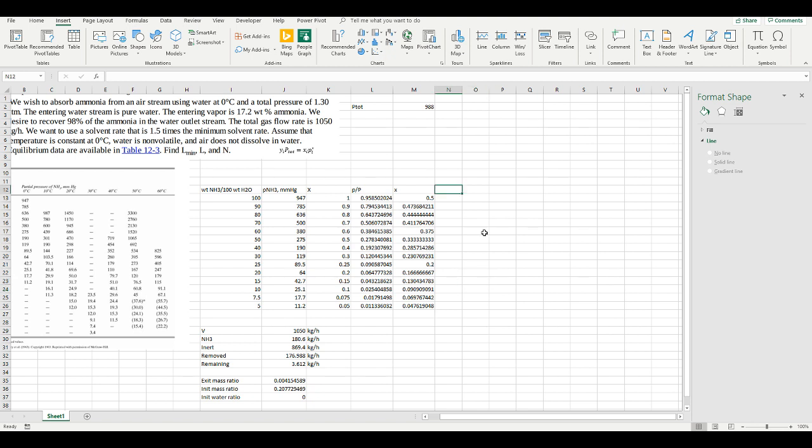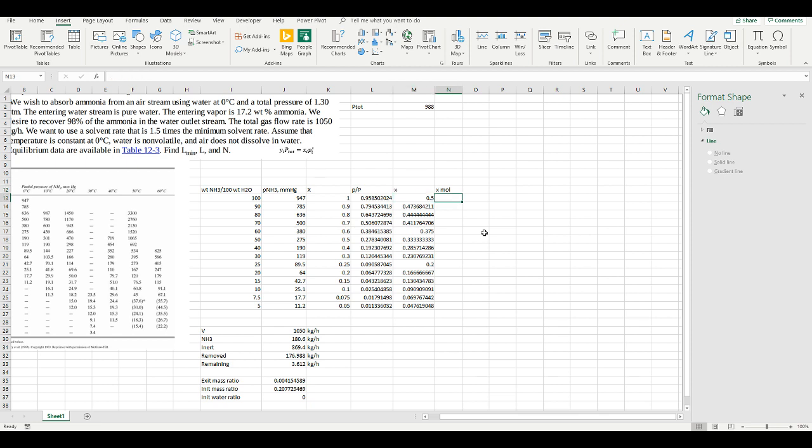Now we need to calculate the mole fraction of ammonia in the liquid phase. We can do that by performing a simple dimensional analysis. We know that there are two components: ammonia and water. The molar mass of ammonia is 17 grams per mole, and the molar mass of water is 18 grams per mole.